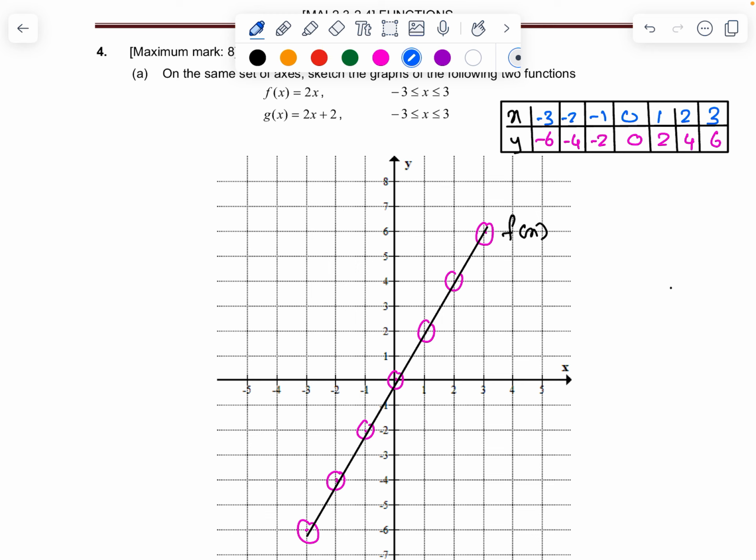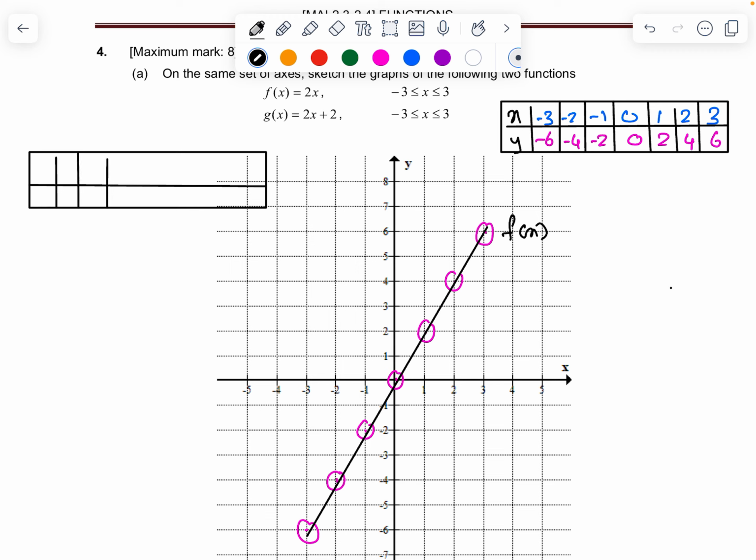Next, 2x plus 2. So draw a table. Again, x values you should take from -3, -2, -1, 0, 1, 2 and 3.